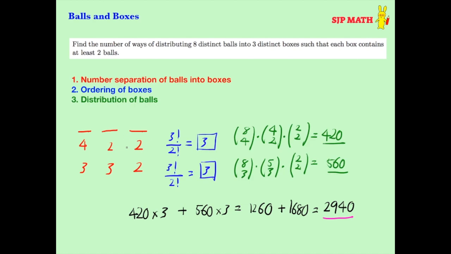Then you consider that the boxes are distinct, so the ordering of the boxes actually matters, and you find the number of ways to order the quantities, like we did here. After that, you consider that the balls are all distinct, and find the number of ways to distribute those balls into the structure you made in step 1. That's how you do it.